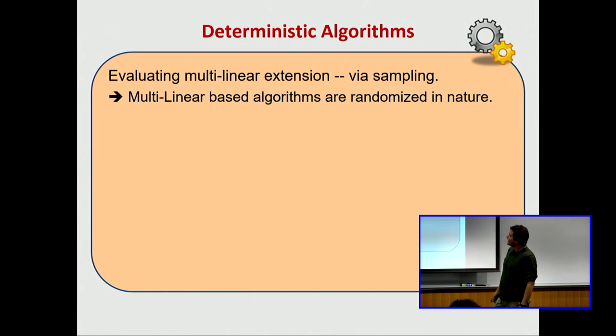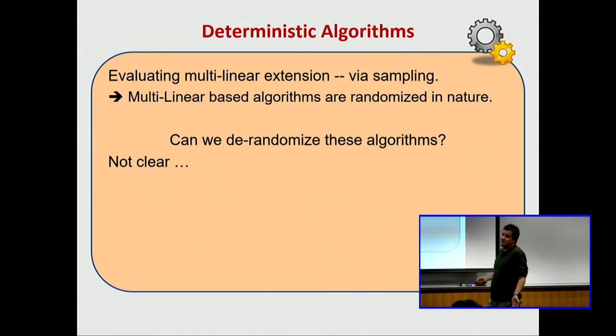But I cheated in many places in the multilinear. First, they are randomized in nature, because just to get the value of f, you sample from the function. And then you already have this rounding phase that I didn't show you. So in general, they are random in nature, and it's unclear if you can de-randomize them. Maybe yes. It's an open question whether you can de-randomize them.